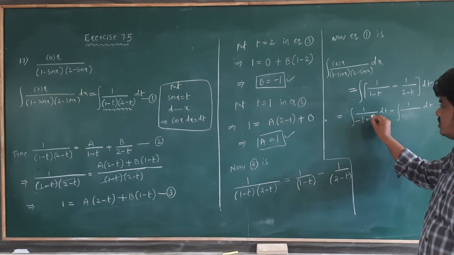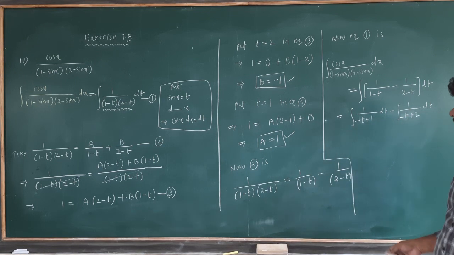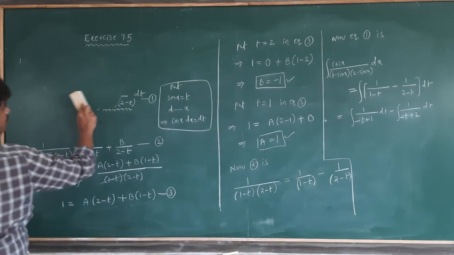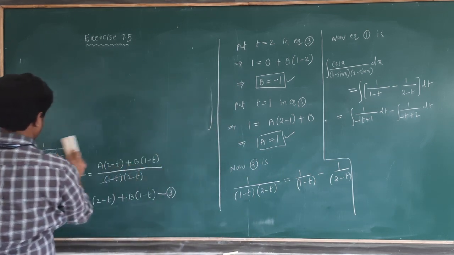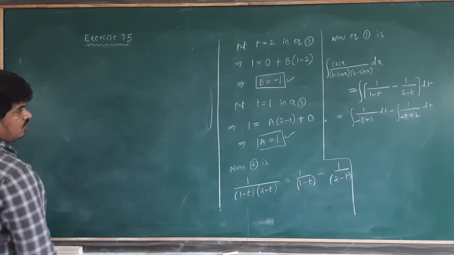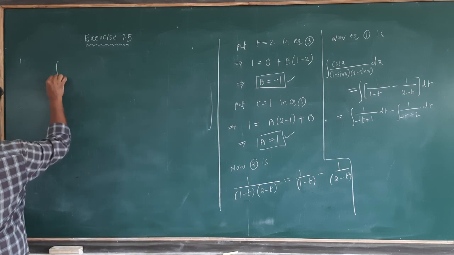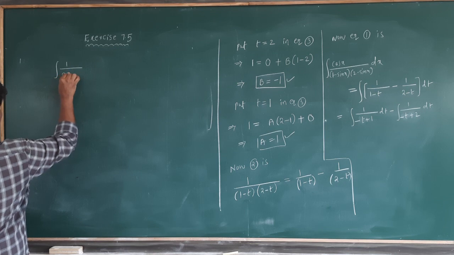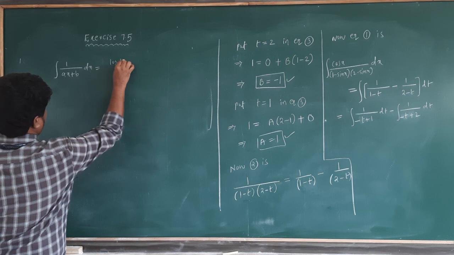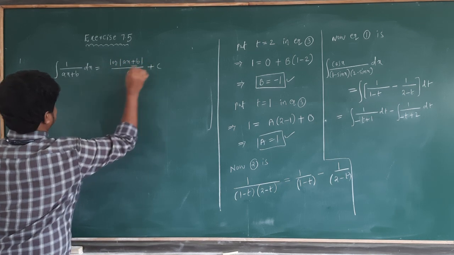Here we already have one formula, that is the integral of 1 divided by ax plus b dx is equal to log mod ax plus b divided by a plus c.